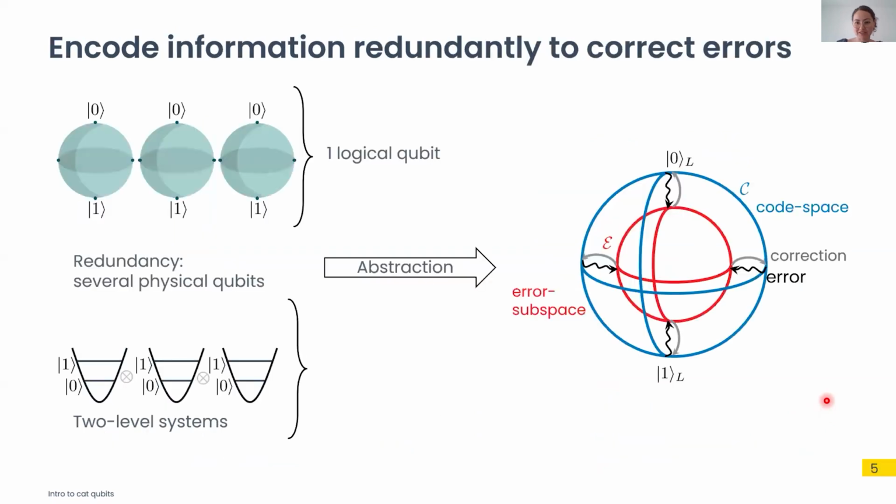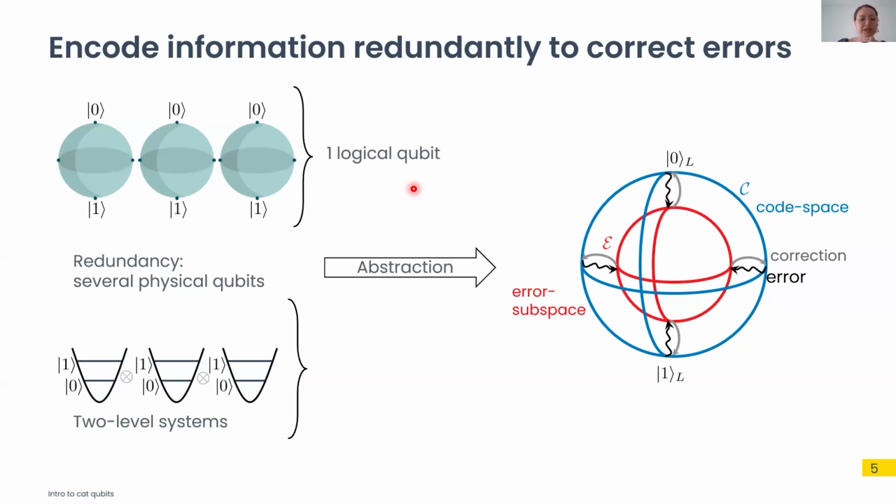And one way to deal with this, one common approach, is to encode information redundantly, what is known as quantum error correction. So instead of having one physical system, one two-level system, what we're going to do is we're going to take several physical systems and take the bunch of physical qubits as only one logical qubit.